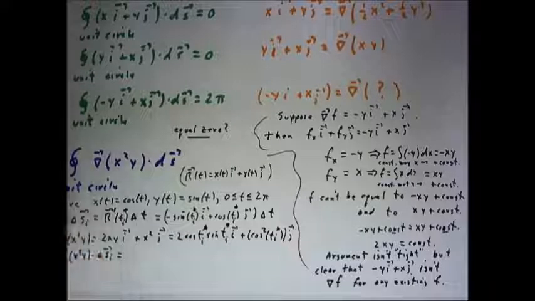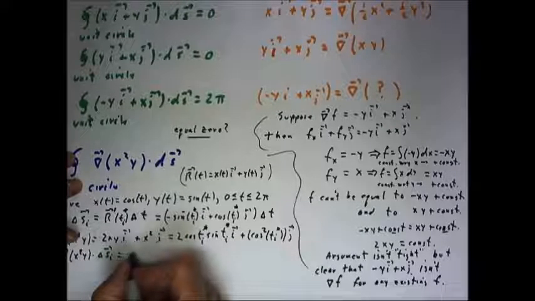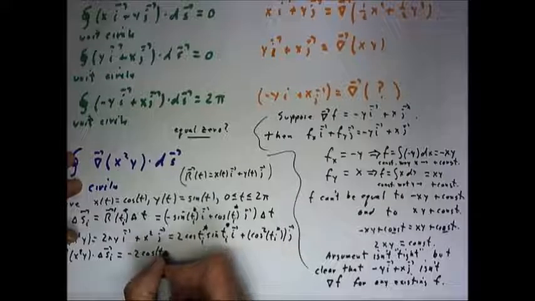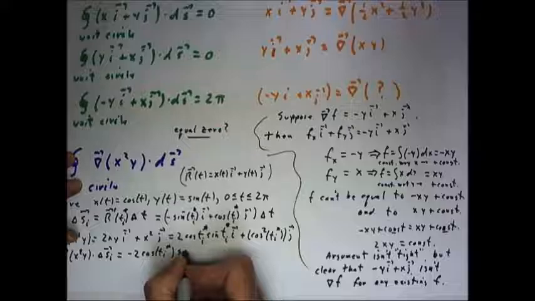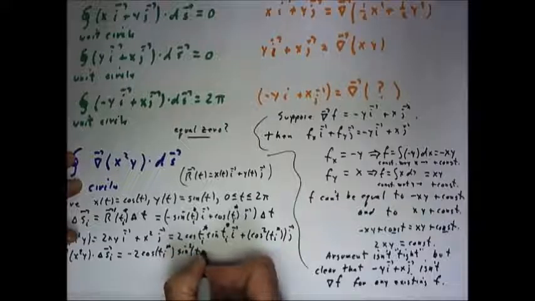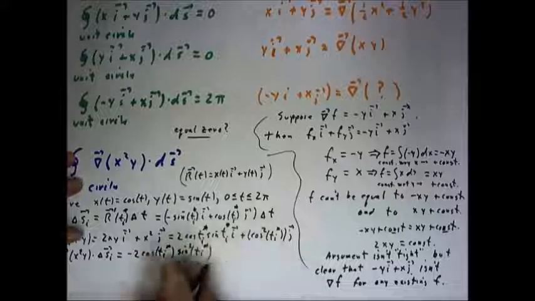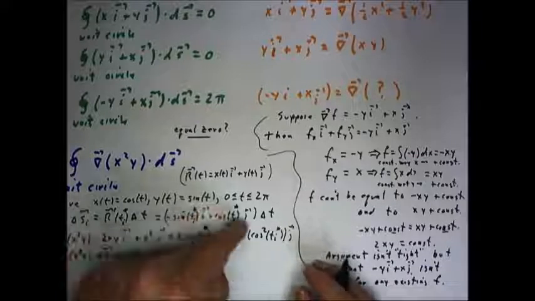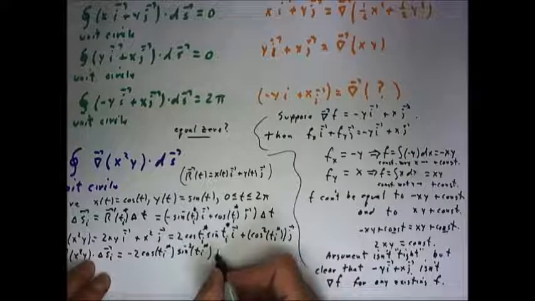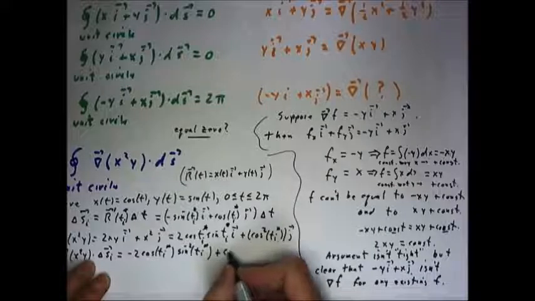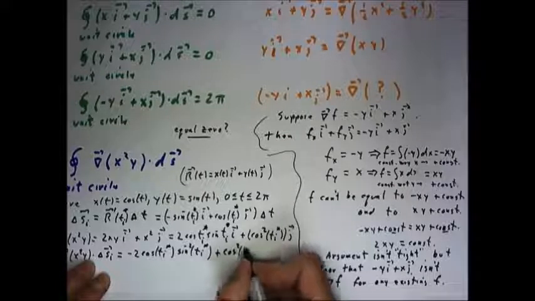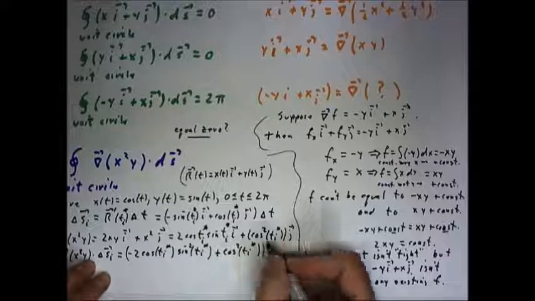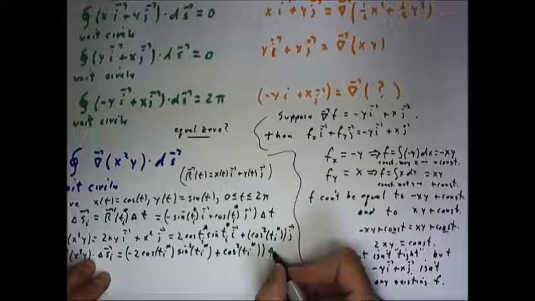So we're going to have negative 2 cosine t sine squared of t, both evaluated again at ti star, and then it's going to be plus the cosine times the cosine squared, so that's going to be plus the cosine squared of ti star, and all that times the delta t factor.